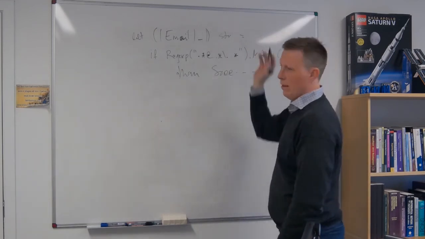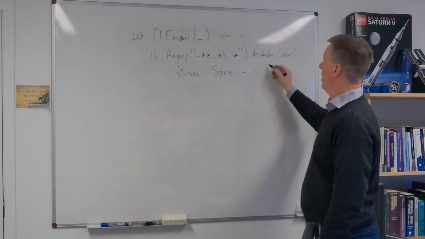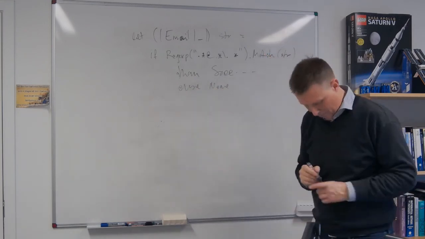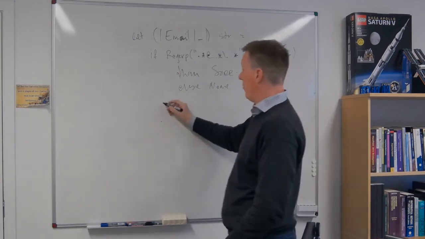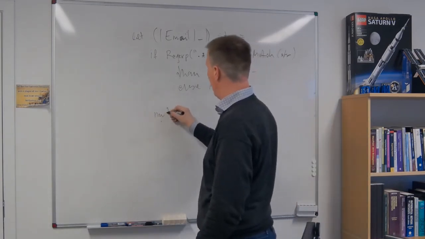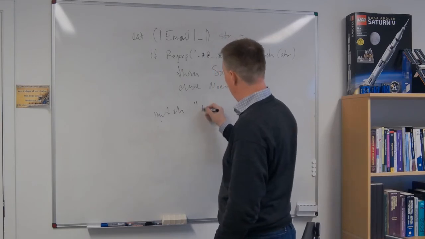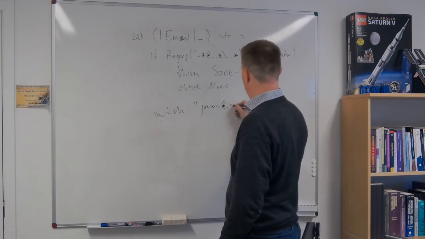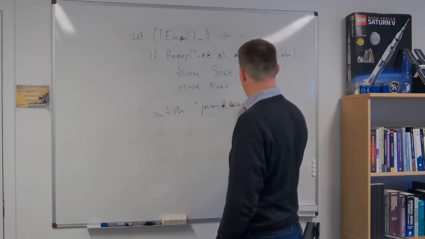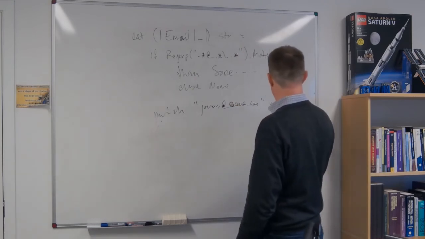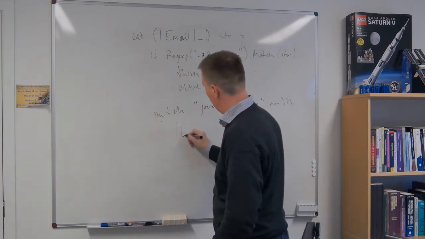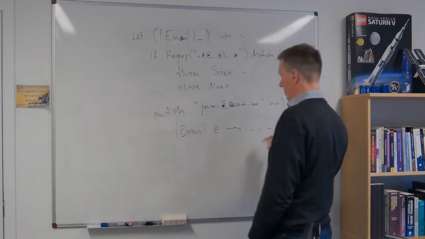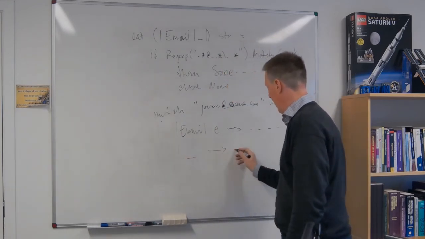So we extract the email and so on. Else none. Right? So now I could just do something like trying to see if, oh, is this an email? Match email E, otherwise something else.